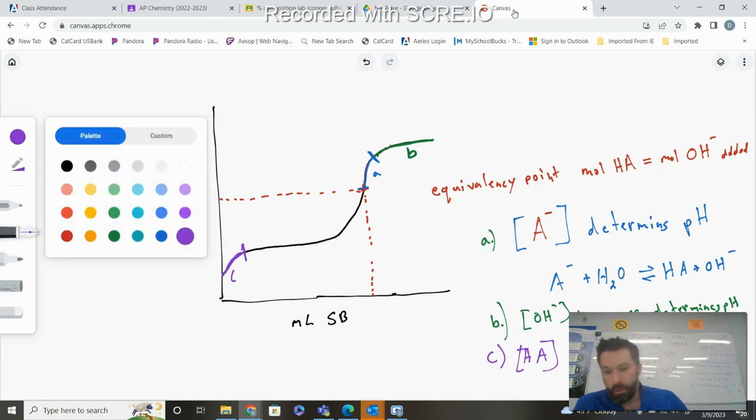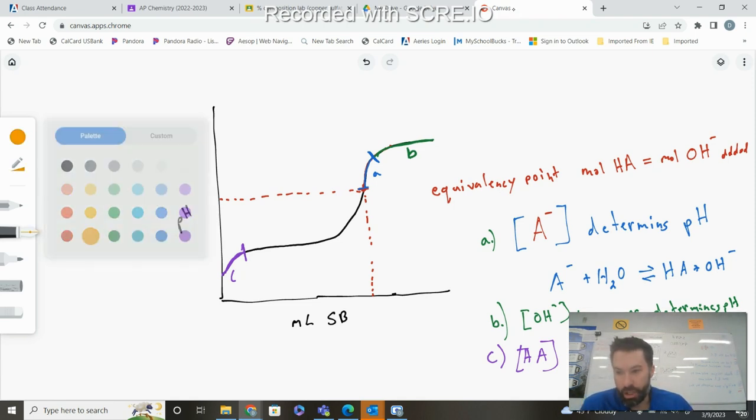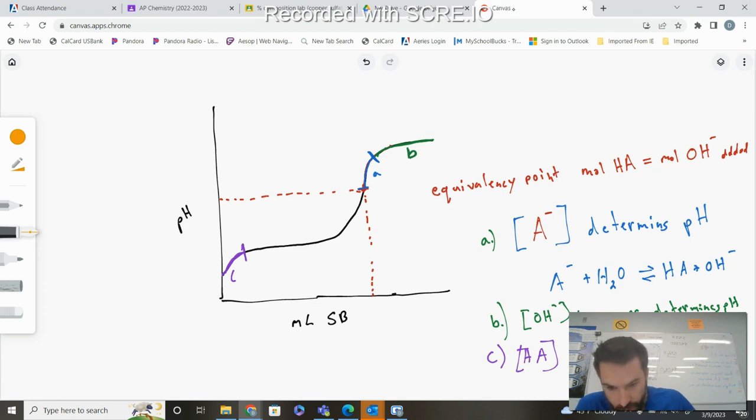Okay. Now we got our big section in the middle. So this section, it is really kind of flat, right? Till about right about here. This section, I'm going to label section D. That is your buffer. That is the section of your buffer.